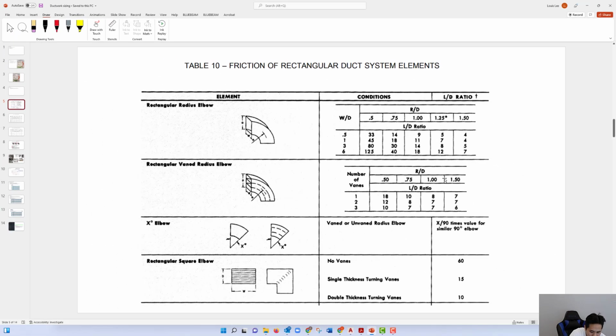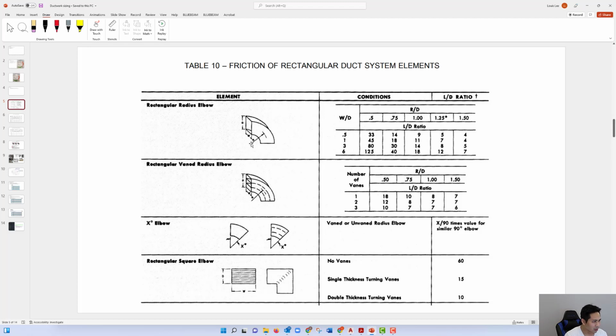Okay, let's say in this example the width is 28 inches and the depth is 28 inches. And the radius of curvature is 1.25, which means that the R over D, D being 28 inches, is 1.25, which means that the radius is going to equal 35 inches.